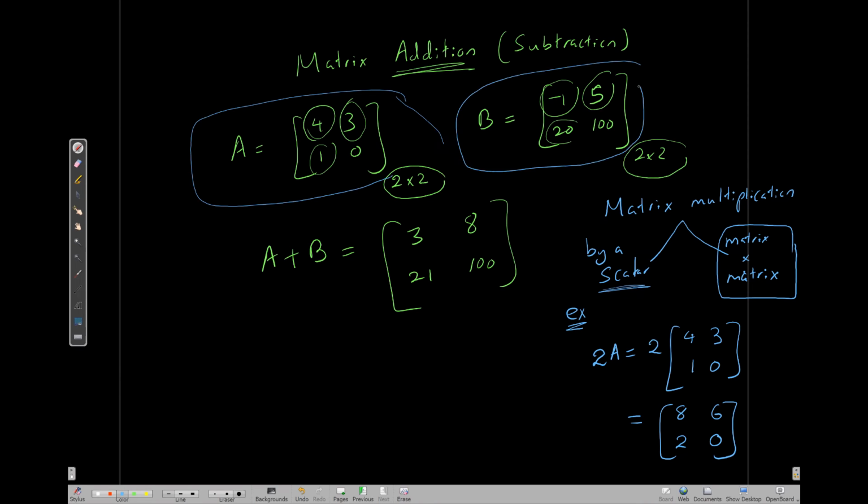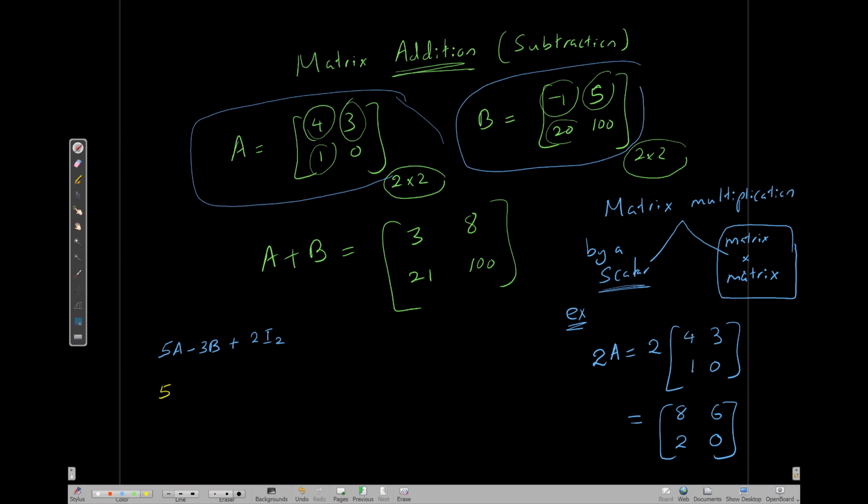How about if I ask you to find 5A minus 3B plus 2I2? A simple, quick, nice example. Pause the video and try it. Assuming you have tried it, how do you do it?